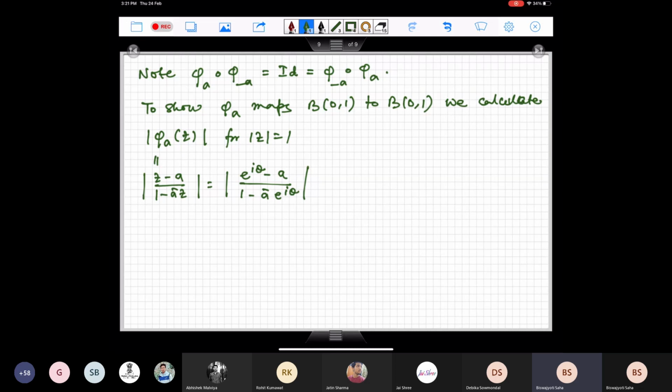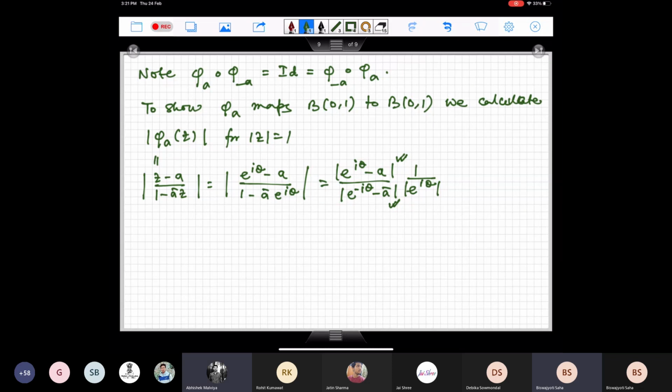So I am writing z as e power i theta for some theta between 0 and 2 pi. This one looks like e power i theta minus a, and in the denominator I can take out e power i theta, so this becomes e power minus i theta minus a bar, in absolute value. If you look carefully at the numerator and the denominator, they are related: if you call the numerator alpha, then the denominator is nothing but alpha bar.